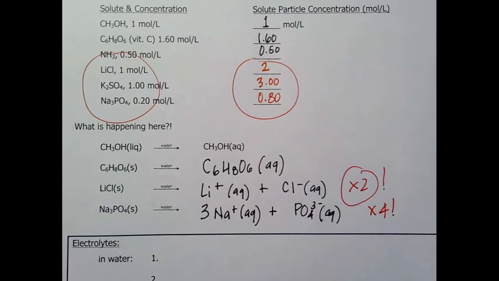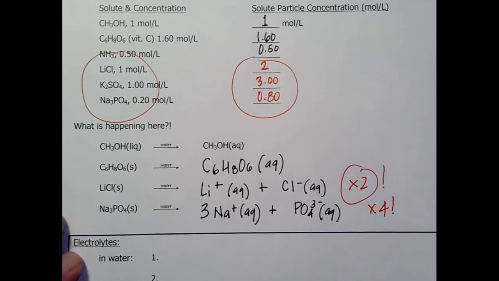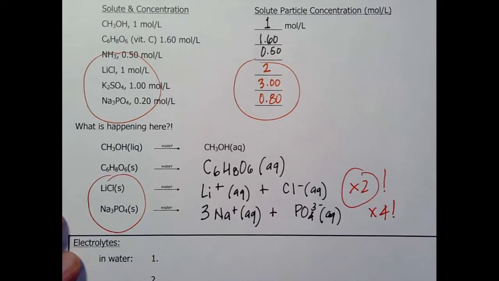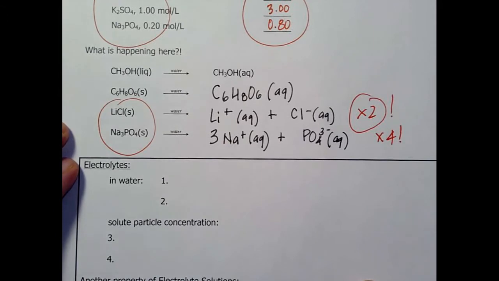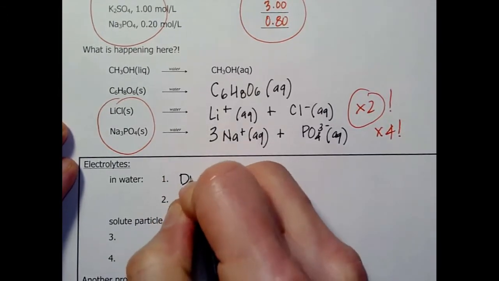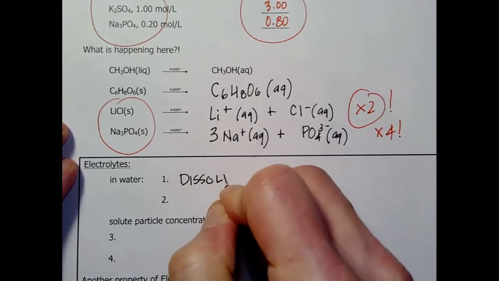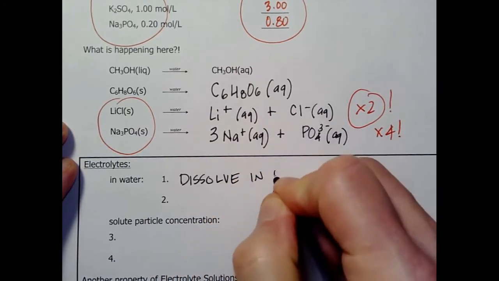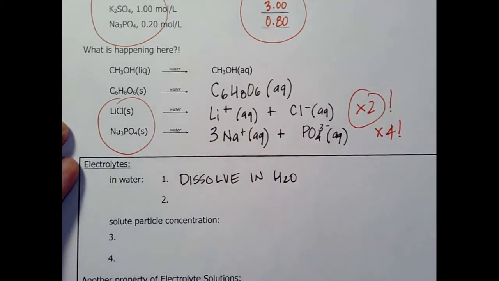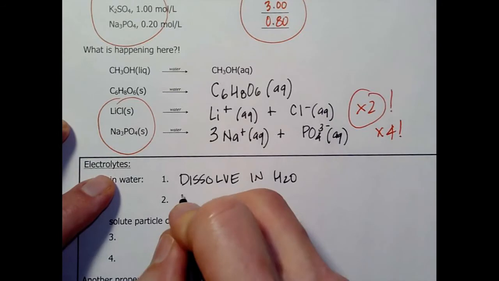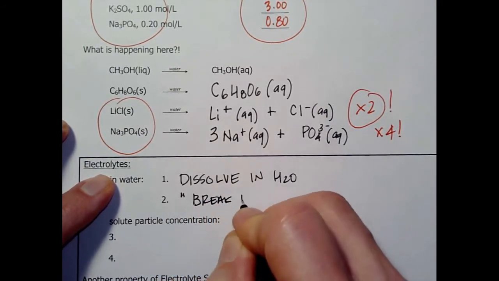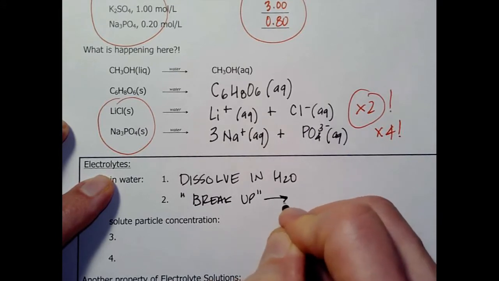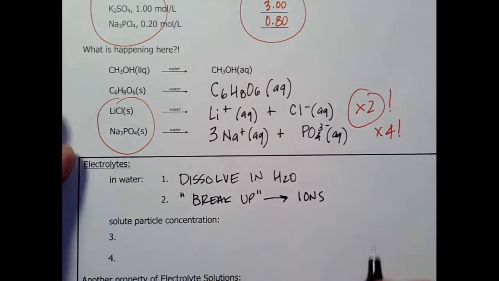Well, these are electrolytes. Strong electrolytes, in fact. But what strong electrolytes do, or what all electrolytes do, first of all, they dissolve in water. But they break up into ions.